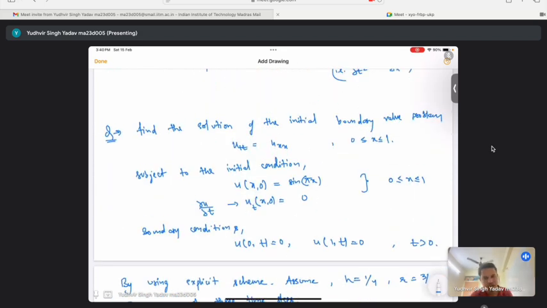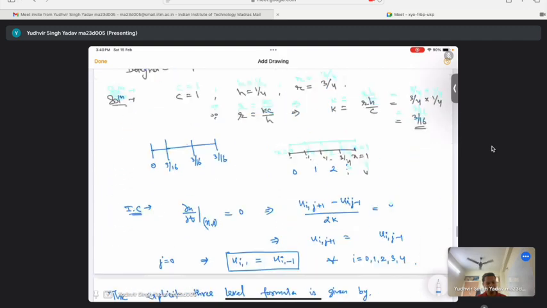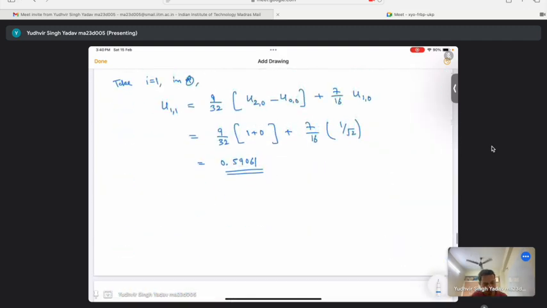So here we have simply used the given initial condition that u(x,0) is sine pi x. This is nothing but u_i^0 = sine(pi i h), with h = 1/4.